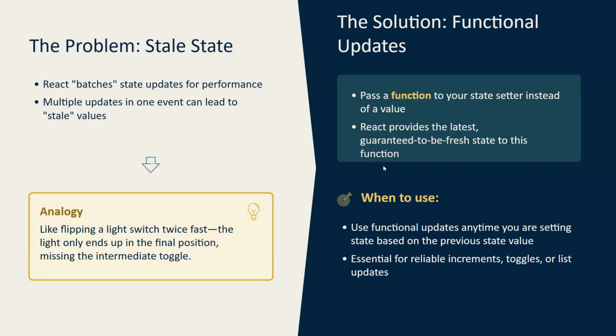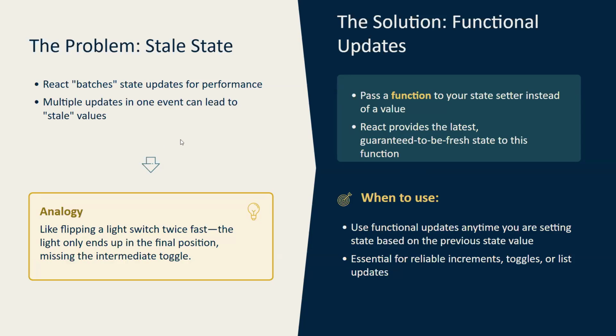So the safer pattern here would be the functional update, where we set the count with a function, like setCount(count => count + 1). That tells React to use the latest available state in each update.